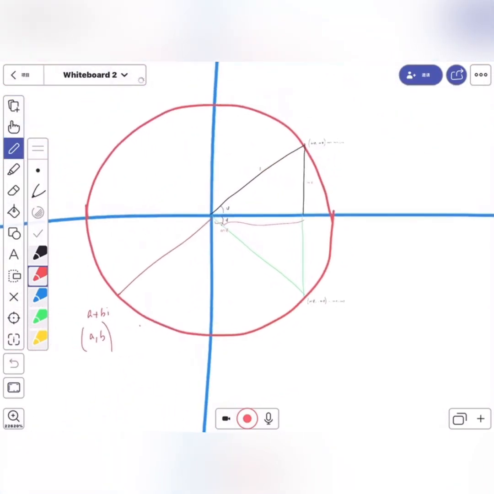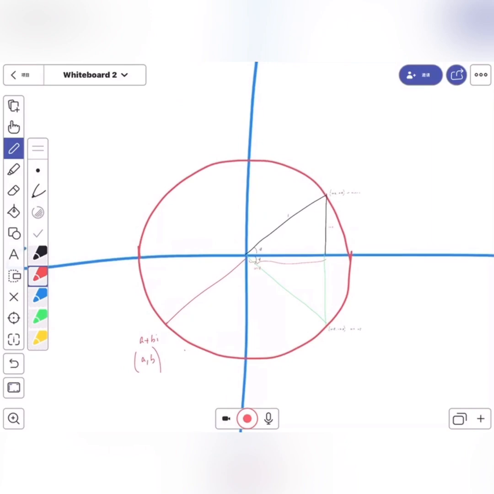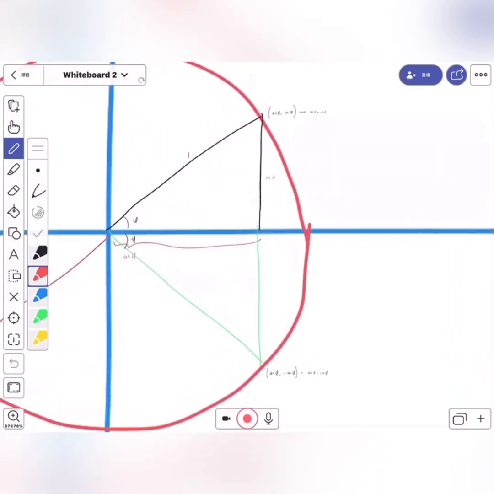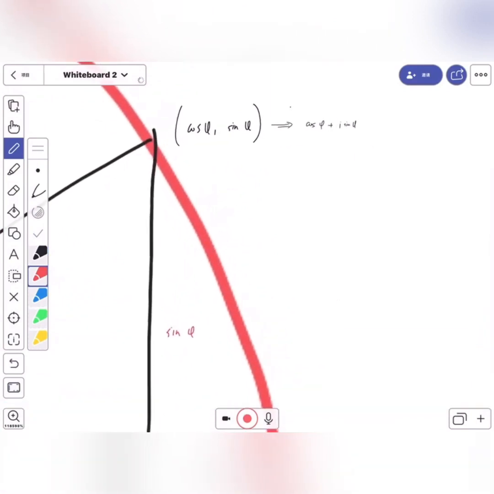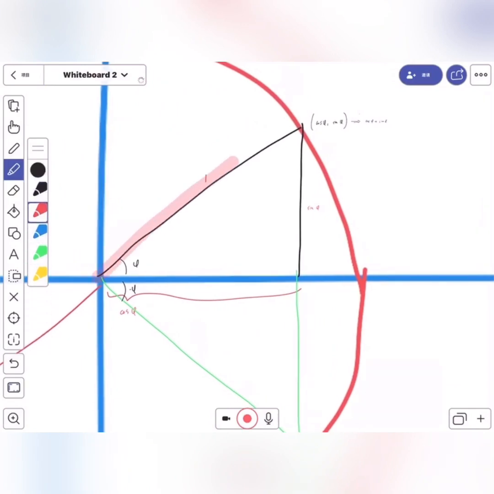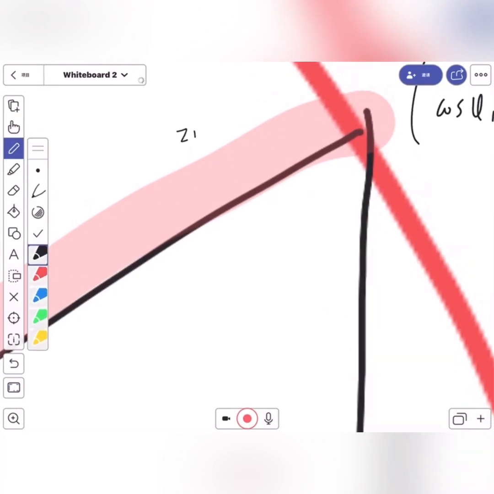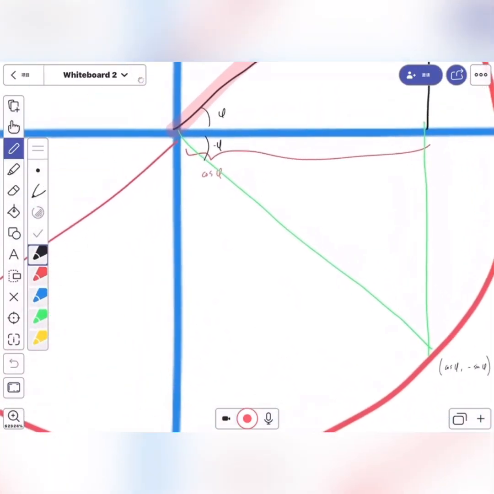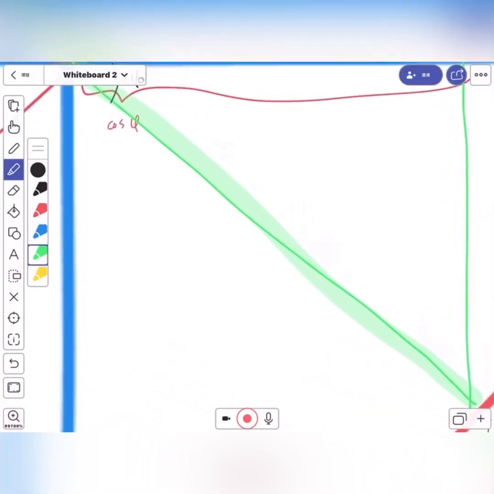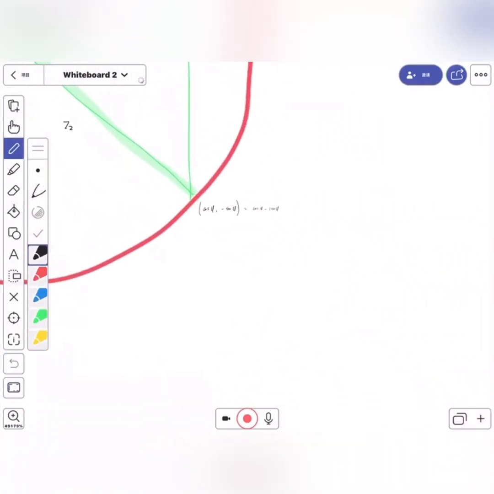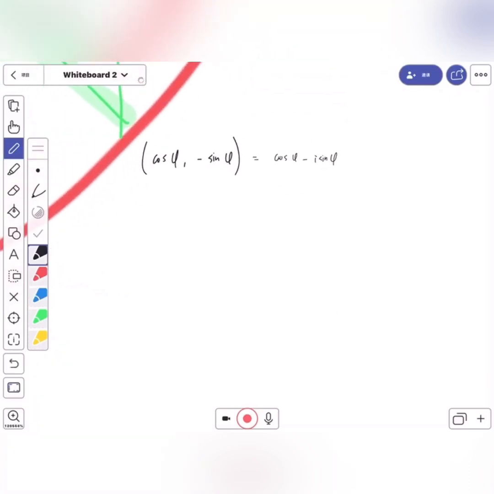So now, how are we going to find the sine value of phi? If I let this complex number be z1, and let this part be z2, then we can isolate these.